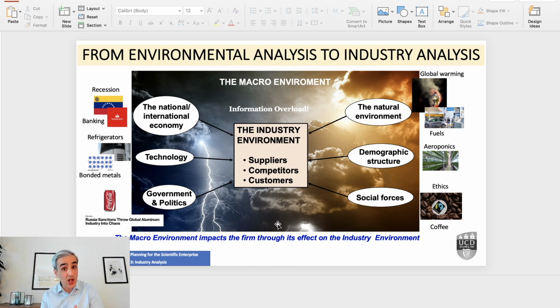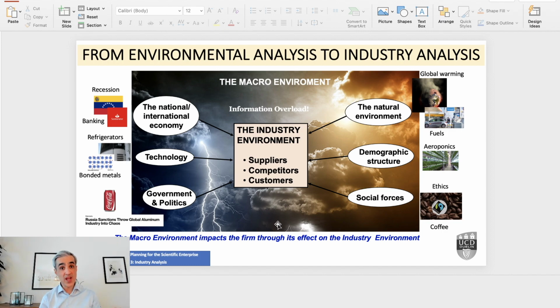Well, it's going to change it a lot, because now you want to make sure that those who supply coffee beans are paying a proper salary to those who actually grow the coffee beans. So again, these are just a few examples of how different environmental factors can affect how much money you can make in an industry.